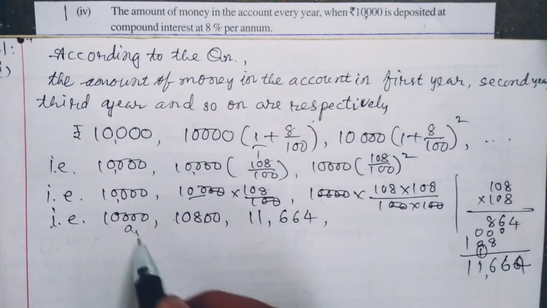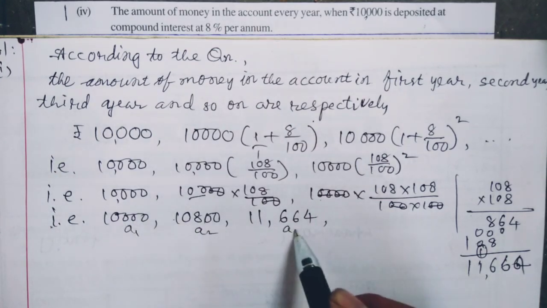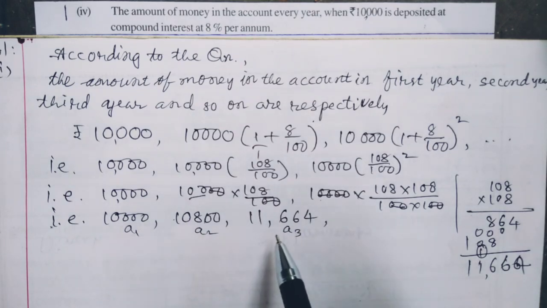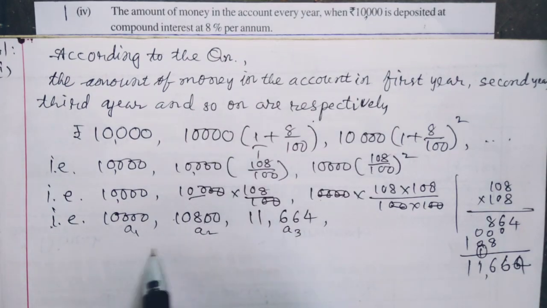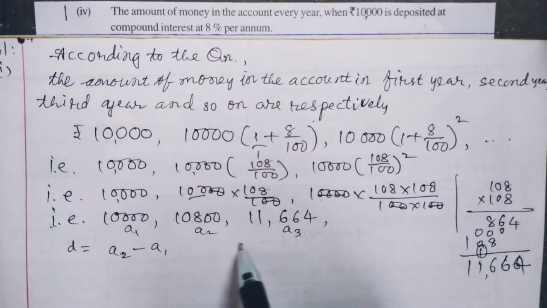This is the first term, second term, third term. We have to check the difference of these terms. D is equal to the common difference, A2 minus A1 and A3 minus A2.